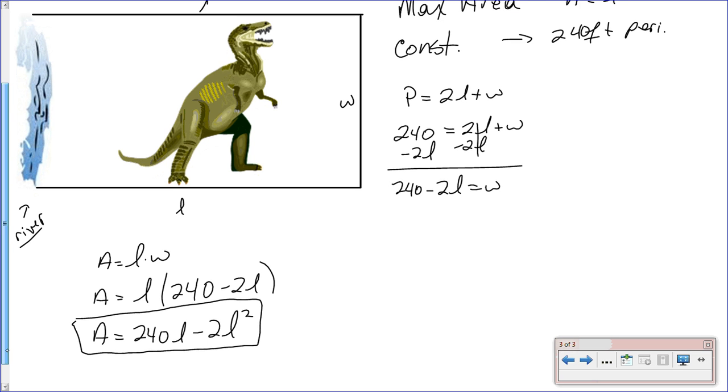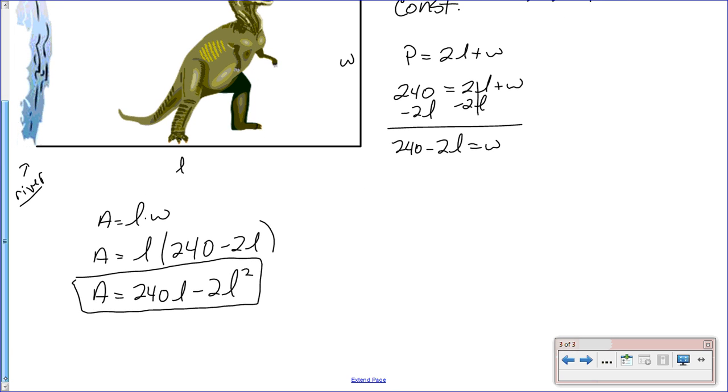All right, minus 2L squared. Now again, you need to find a prime. So from here, we're going to find a prime, which is 240 minus 4L, because you drop the 2 down, so 240 minus 4L.